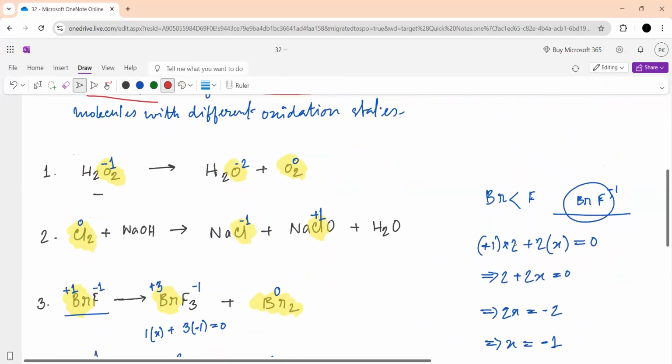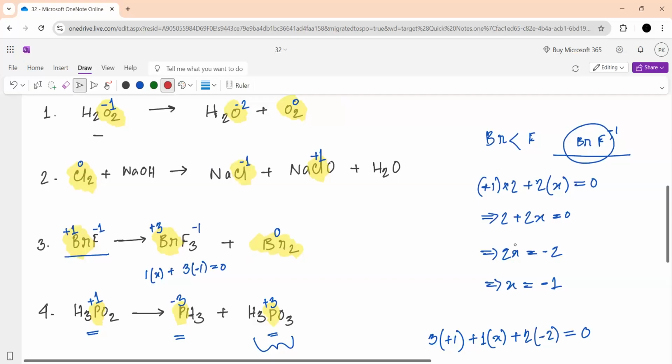So in the first example, oxygen was in -1. From -1, one part of it goes to -2 and another part of it goes to 0. So -1 lies in the intermediate of -2 and 0, right?